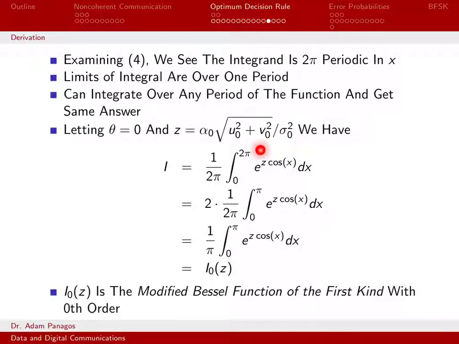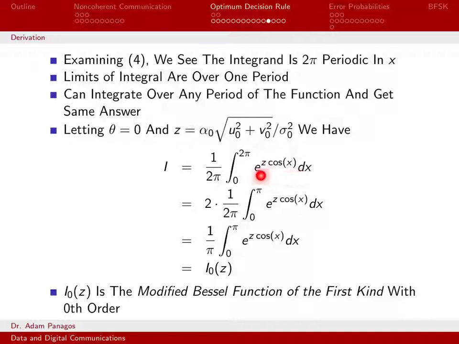Also, since this big old mess right here, alpha naught times the square root of u0 squared plus v0 squared over sigma 0 squared, is just a number, let's just call it some new quantity z, just to make our integral look a little easier to work with. So after I make those substitutions, now we're down to this. Now we're getting pretty close. I can do a few other simplifications though.